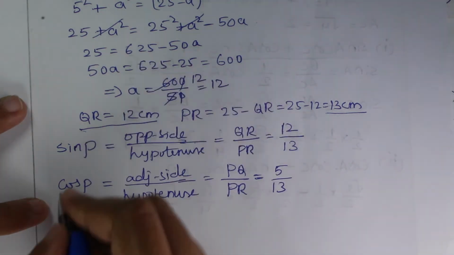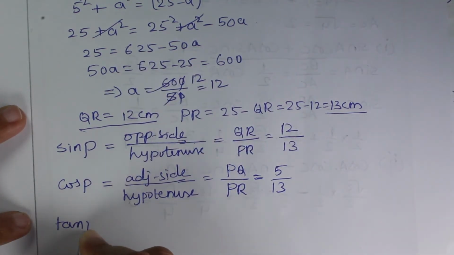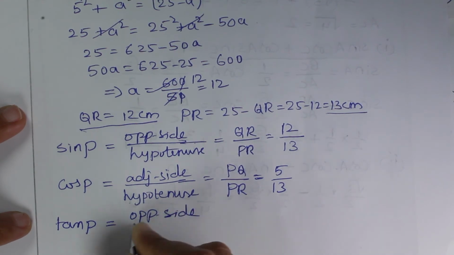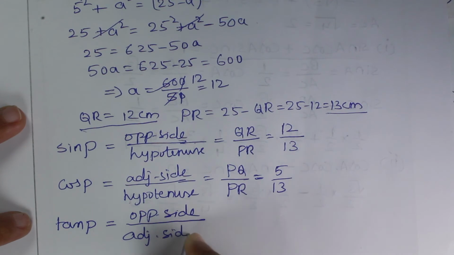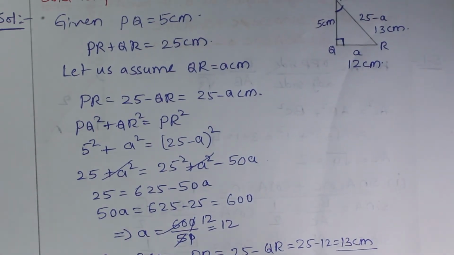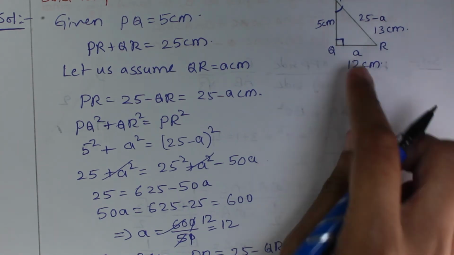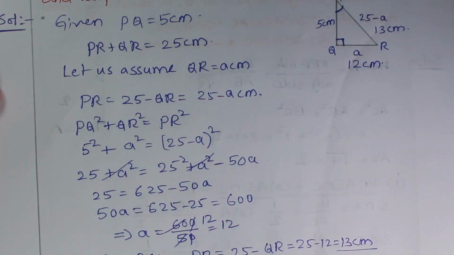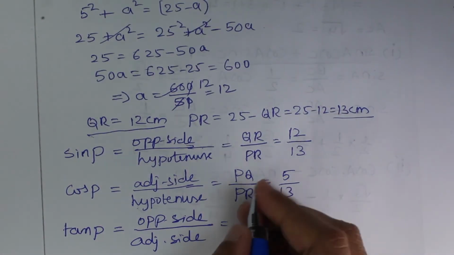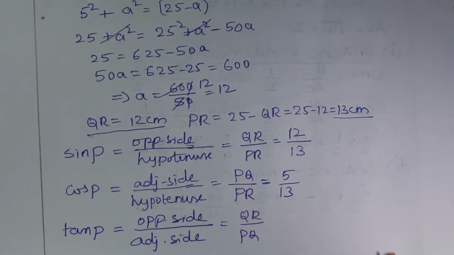Now we have to find out the value of tan P. Tan P is equal to opposite side to angle P divided by adjacent side to angle P. Okay, what is the opposite side of angle P? QR. QR divided by the adjacent side, PQ.